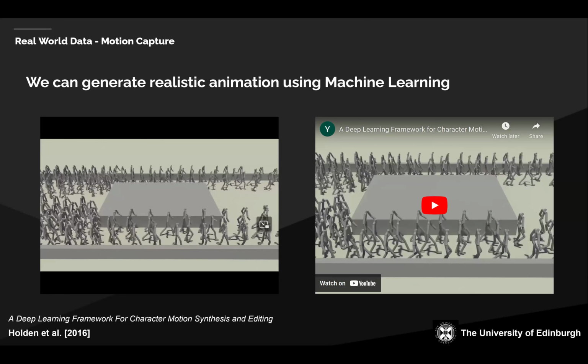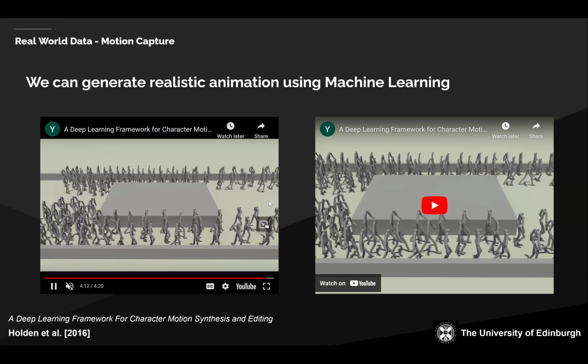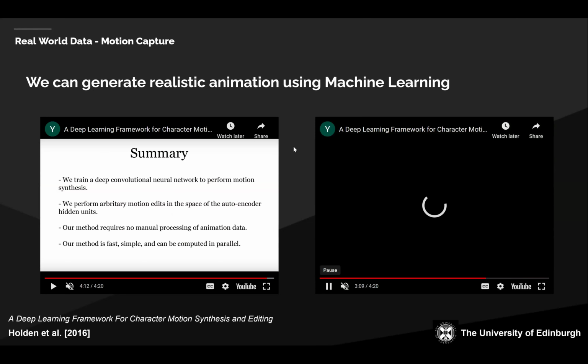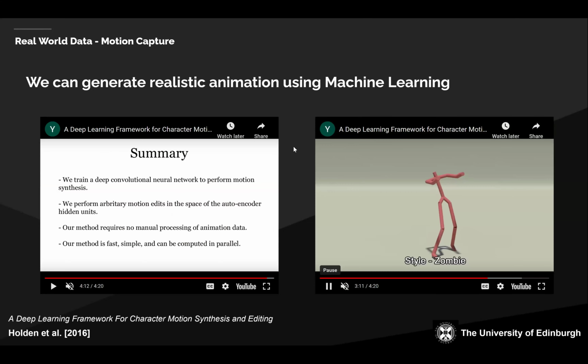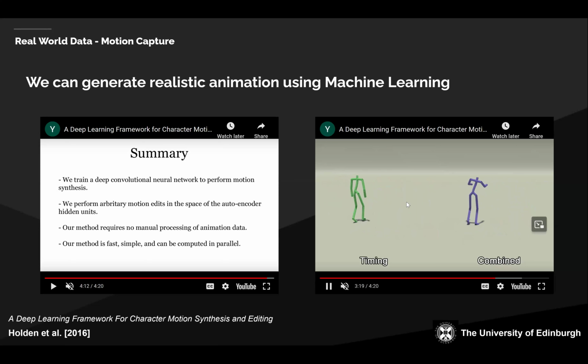Here we have a whole bunch of characters following some paths on the ground, for example. And not only that, but we get a lot of the other cool benefits you get from deep learning. Here we showed that you can also do style transfer in exactly the same way people do style transfer on images. So it looks like we really can apply machine learning to animation data in the same way that you can apply it to images.